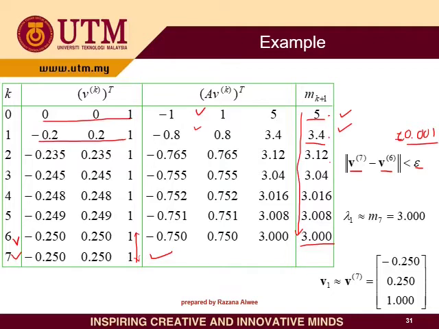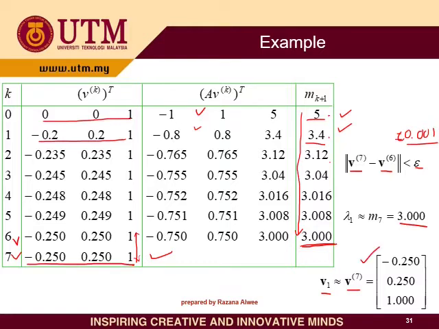So you can say that the eigenvalue is the last M here, M7, which is 3. This is your eigenvalue, and this here is your eigenvector, which equals V7. The V at the 7th iteration here is negative 0.25, 0.25, and 1. This is your eigenvector.